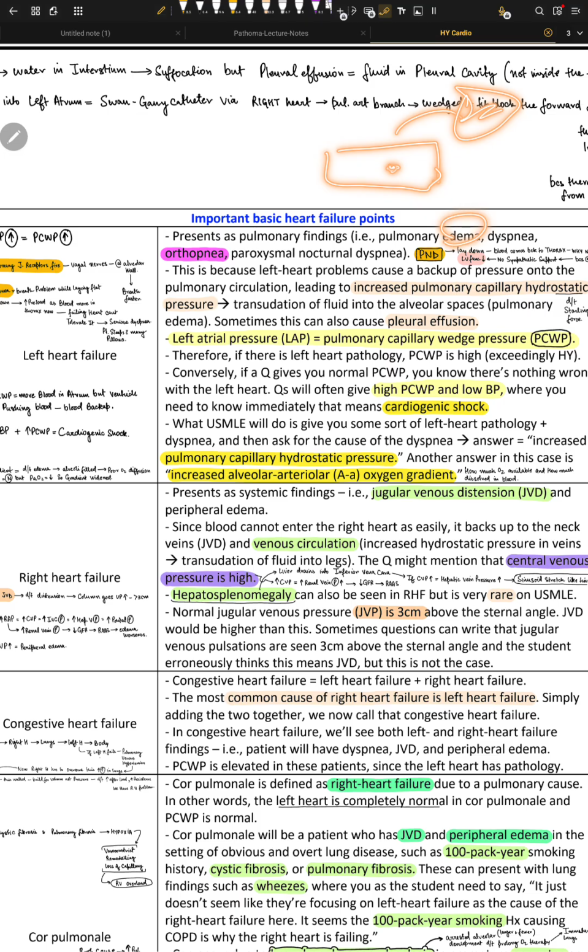That's edema for you. We have dyspnea, which means the person is not able to breathe normally. We have orthopnea. We have paroxysmal nocturnal dyspnea, right? Paroxysmal means sudden, nocturnal means night, and dyspnea means he's not able to breathe. So at night, the person is not able to breathe well. Those are the features of left heart failure.